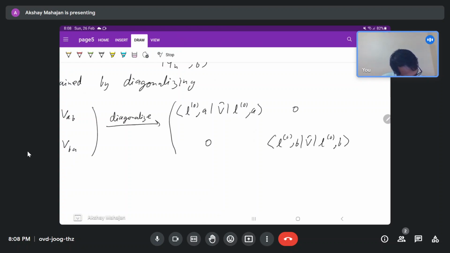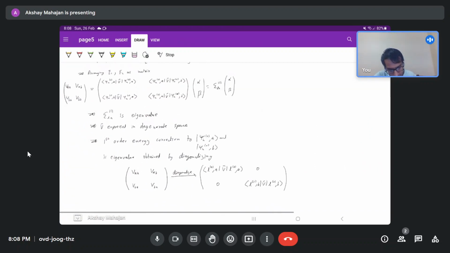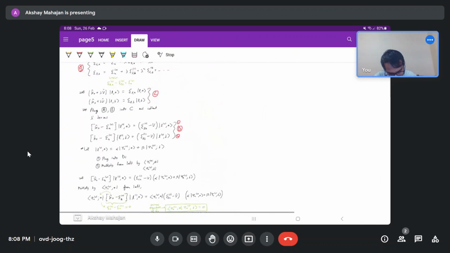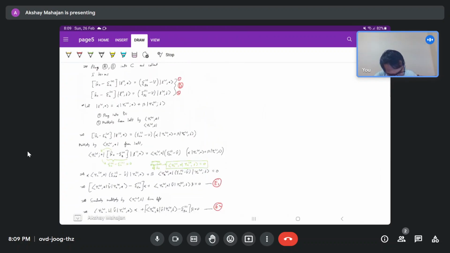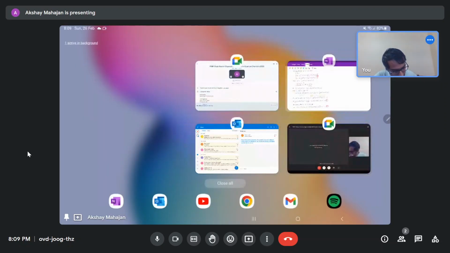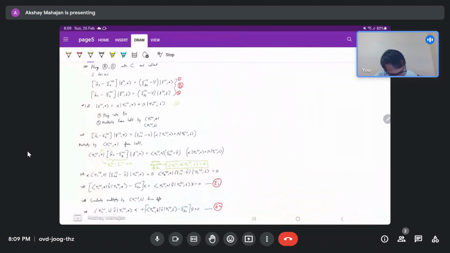So basically, we have just changed our ground state, and these eigenvalues will be our first order energy correction. And this A and B doesn't matter. At this step where we have taken this equation, you can either take the D1 equation or the D2 equation, and you will get a similar equation.